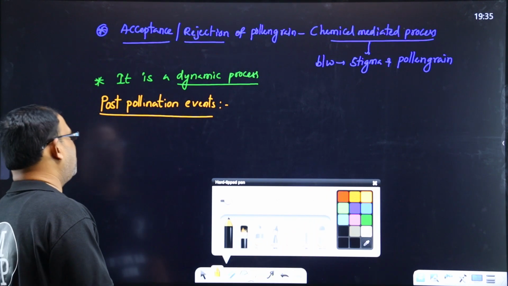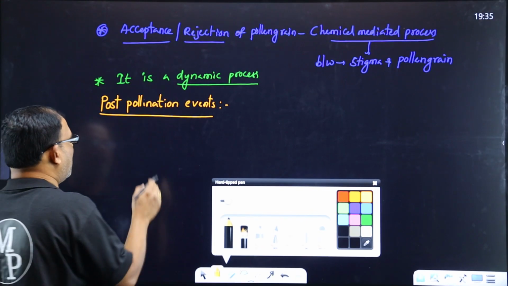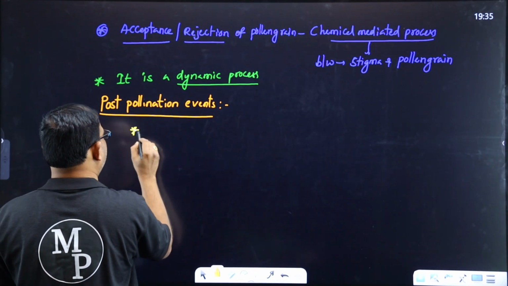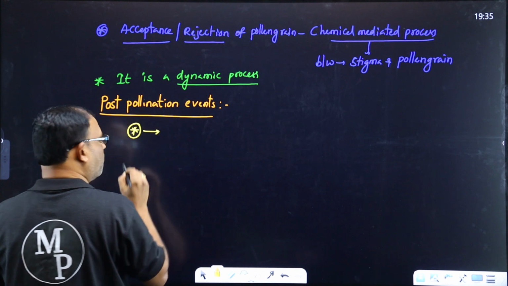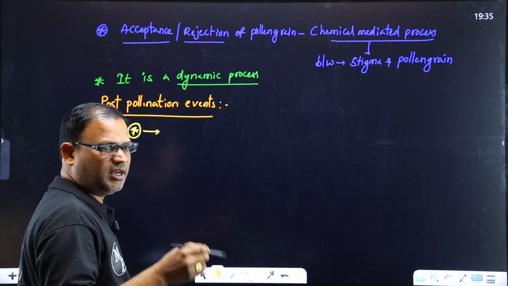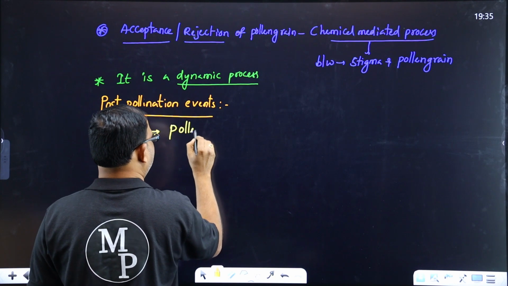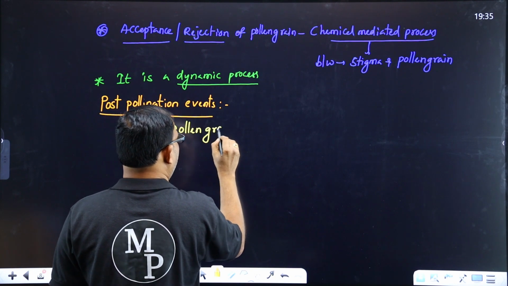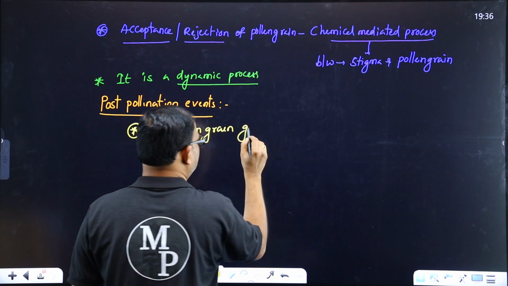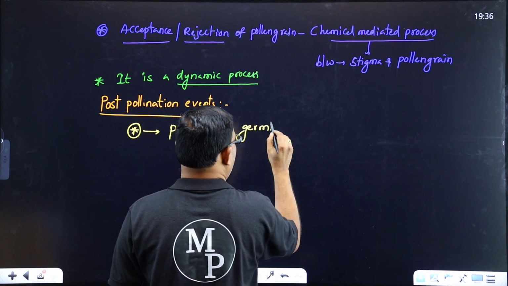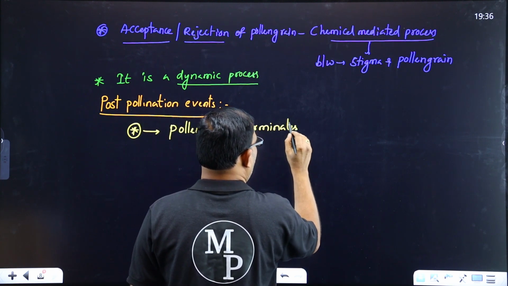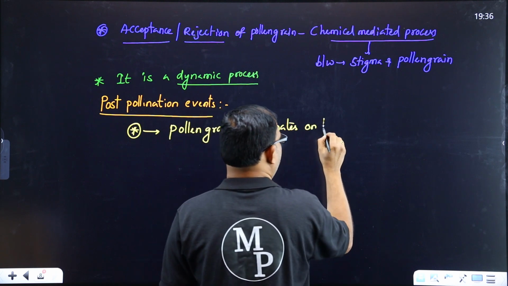So now see, first of all, the pollen grain germinates on the stigma.